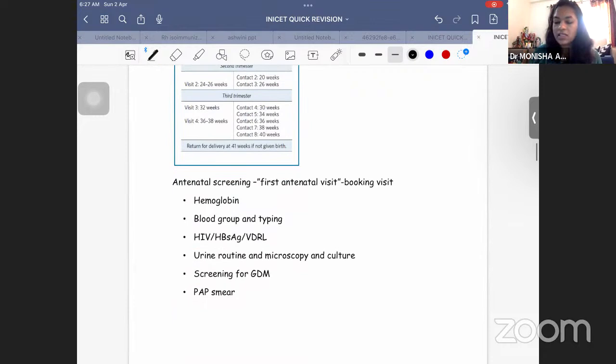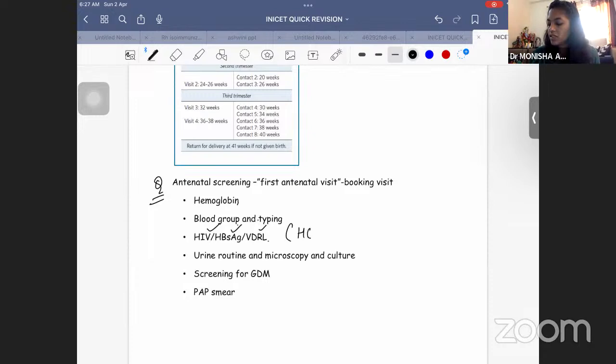The first antenatal visit is also called the booking visit. What are the investigations to be done? This is also a previous question, a very simple question. Let's just revise it. Hemoglobin, blood group and typing, and all the viral markers, especially HIV, HBsAg, VDRL.